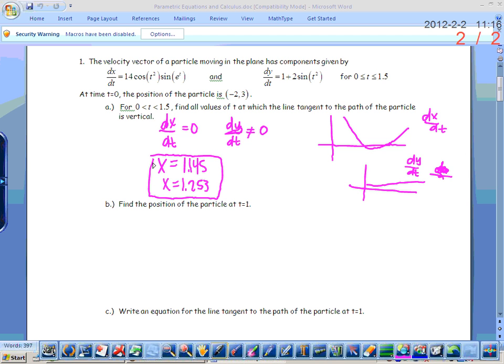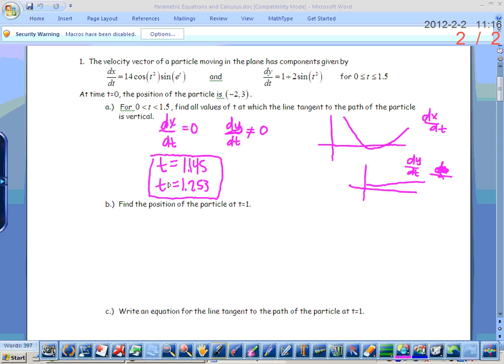What have I done? Yeah, I used x in my calculator, but we're really talking about t here. So I have two values of t for which the tangent line is vertical.